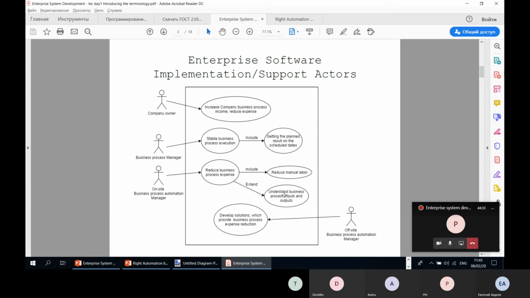Also, the reason for this problem is that the enterprise usually doesn't have specialists who understand all the details of the solution provided by the third company.